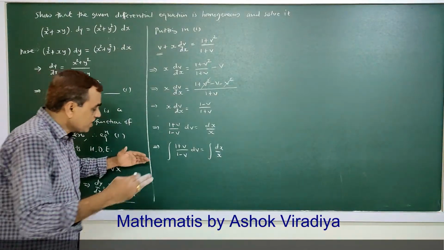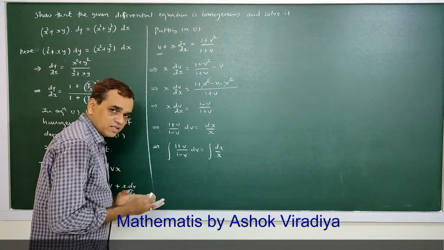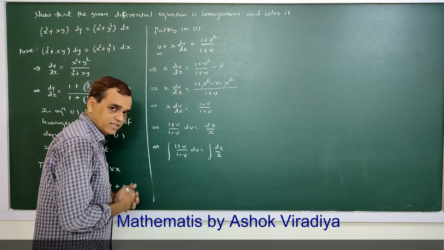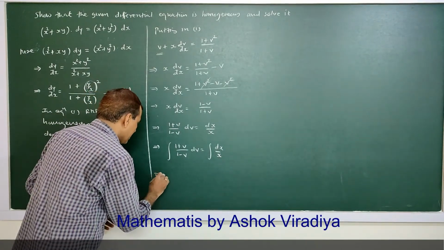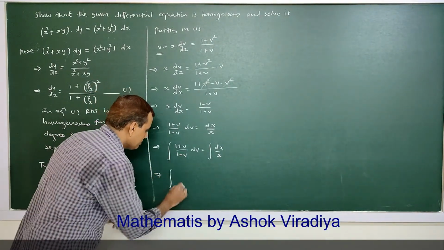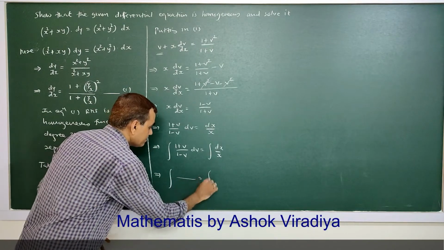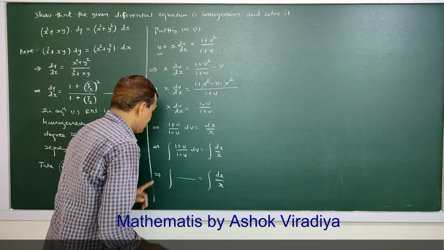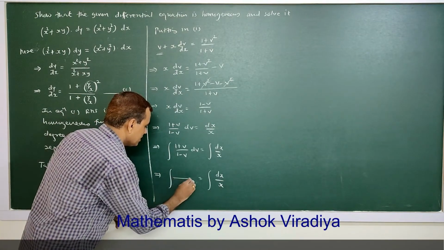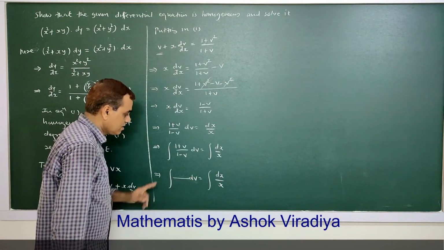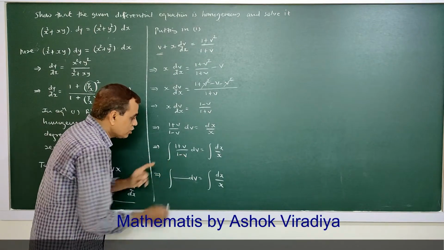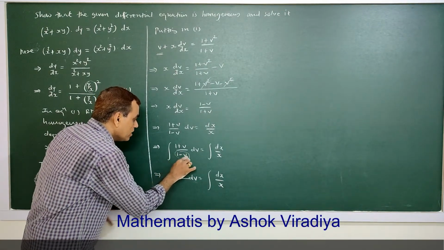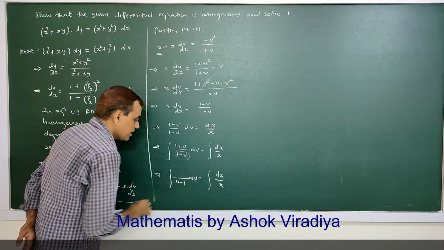Now whatever procedure is required to get the integral, we do here. Look here, this is 1 minus v, so I am changing the sign: 1 minus v, so I put here v minus 1.